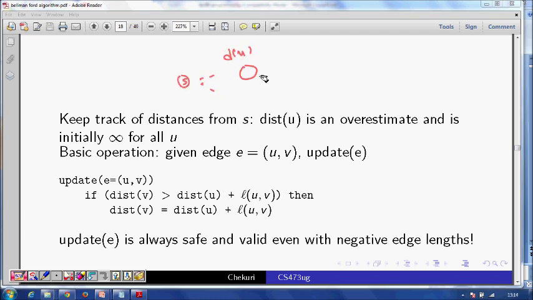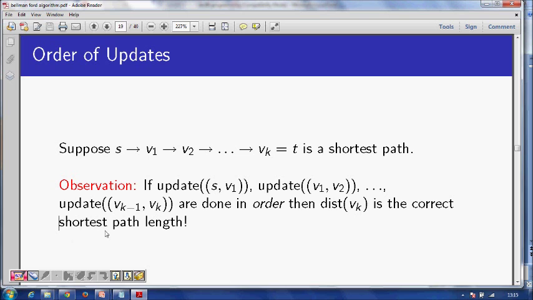There is a source S, and d of u and d of v. If there is a negative edge, then we can also just update, it will decrease the value of d of v, and that is fine, we can take it.